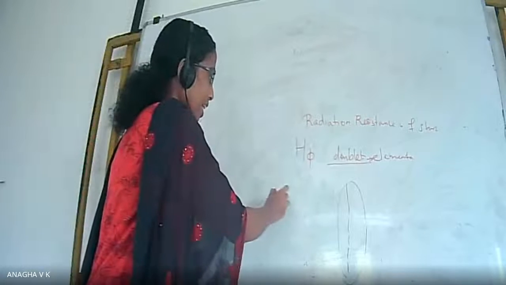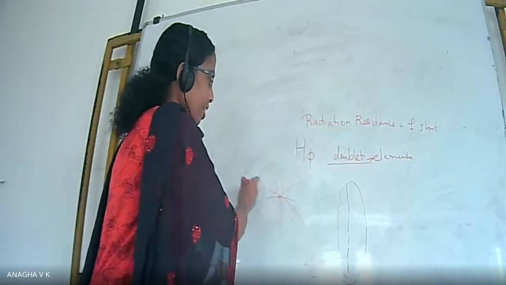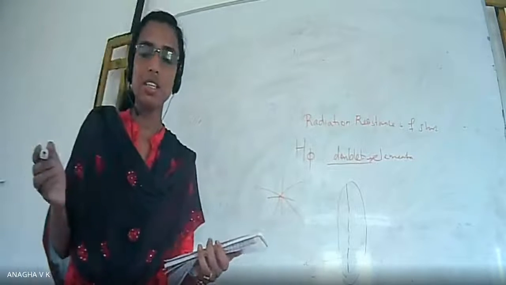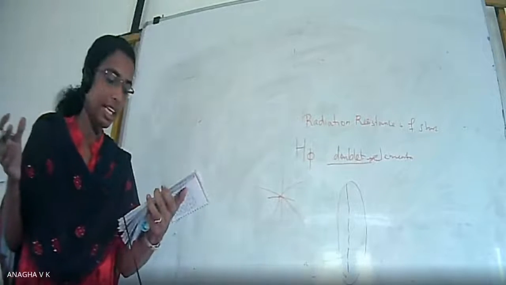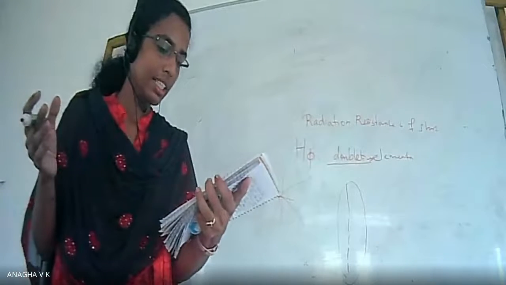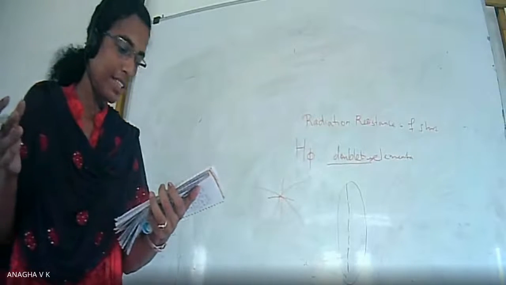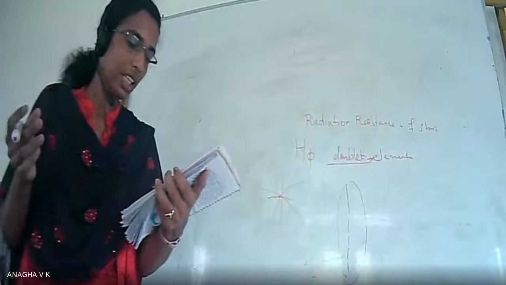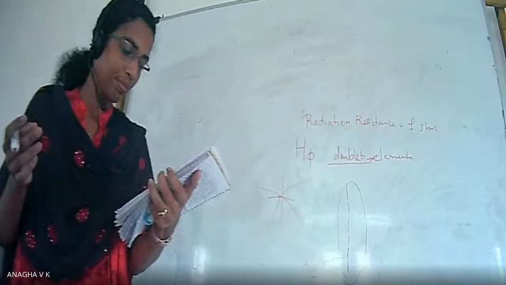This is the antenna and it is radiating RF energy in all directions, and the graphical representation of the RF energy radiated all around the antenna in space is the radiation pattern.